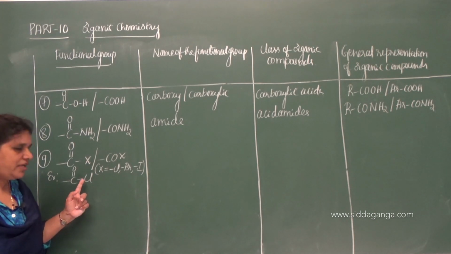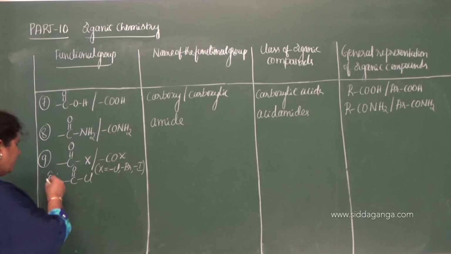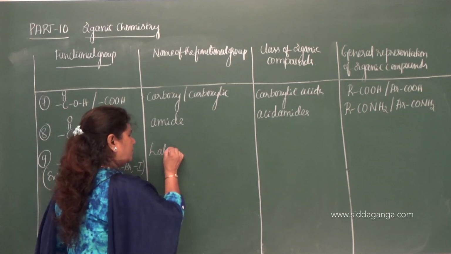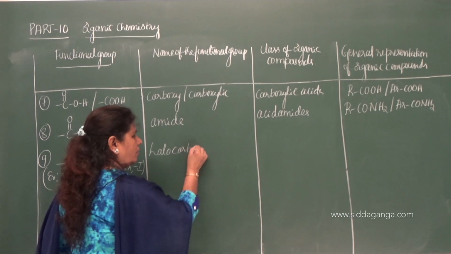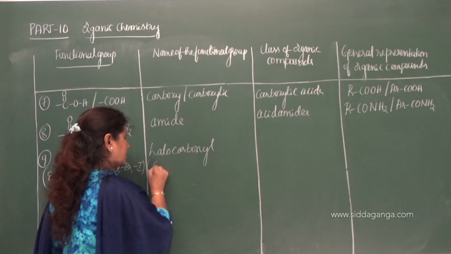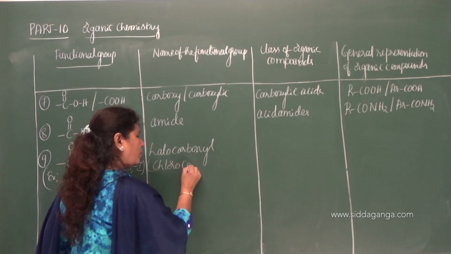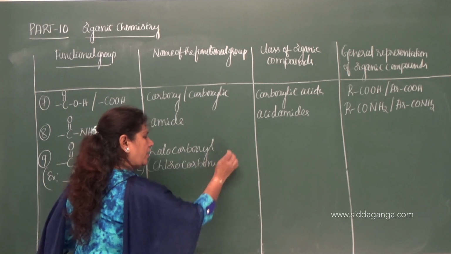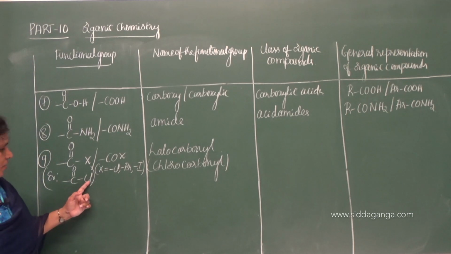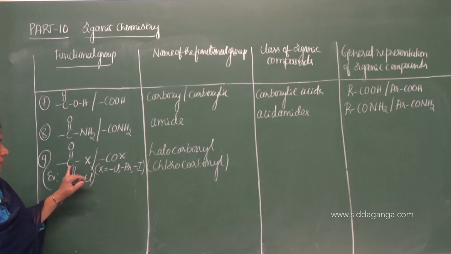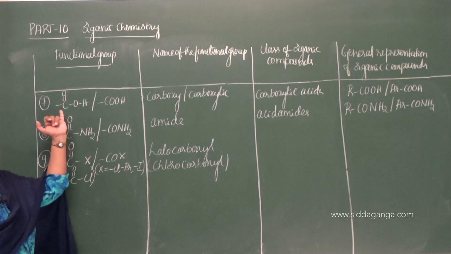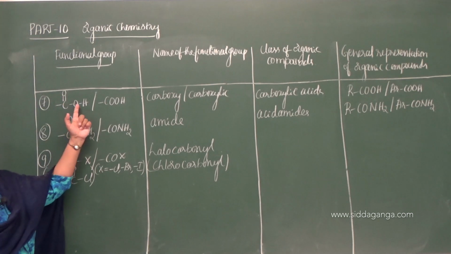Since I have used Cl here, it is chloro, so in this example it is chlorocarbonyl, because a chlorine atom is added to the carbonyl group. Clear?